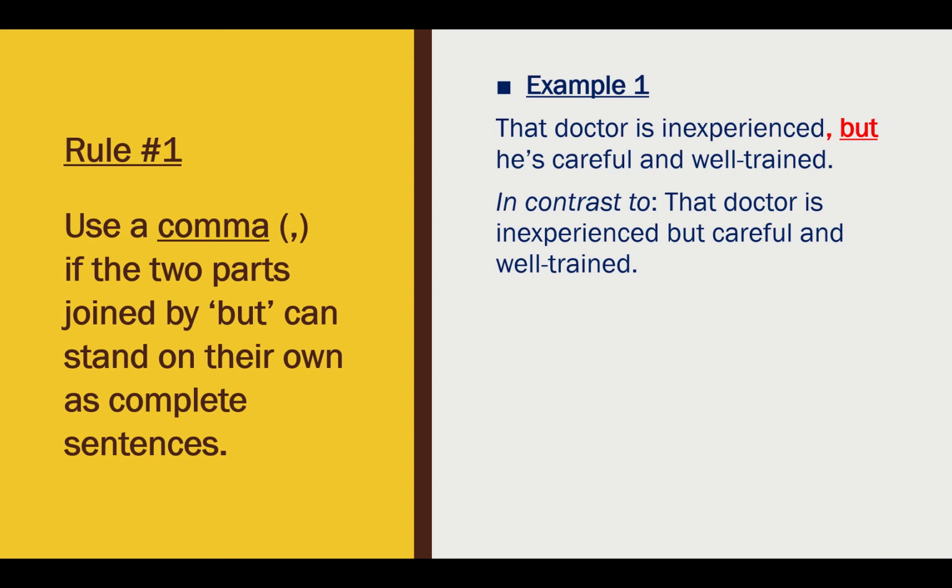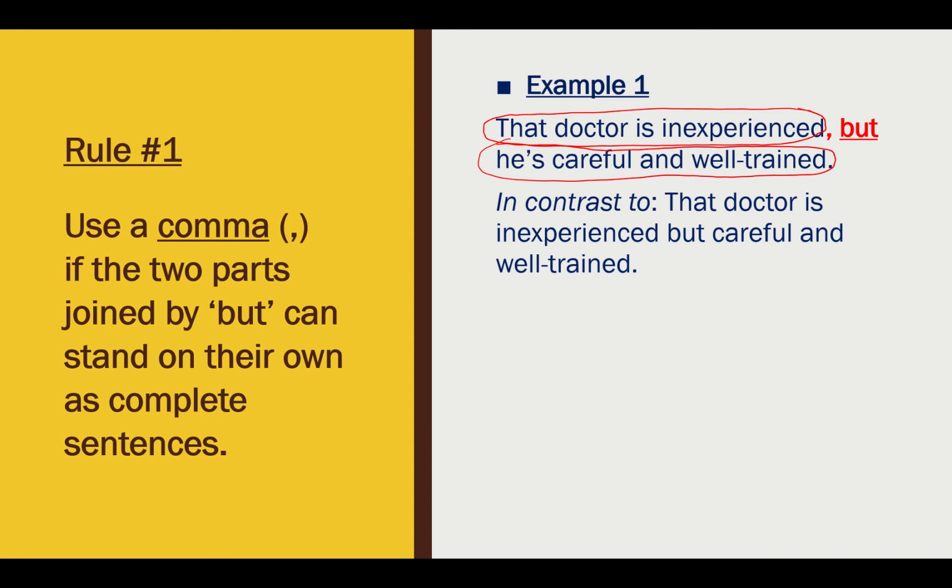If you noticed, why we put a comma in this sentence is because by itself, the doctor is inexperienced is actually a complete sentence. And if you look at the second part of the sentence, he is careful and well trained.